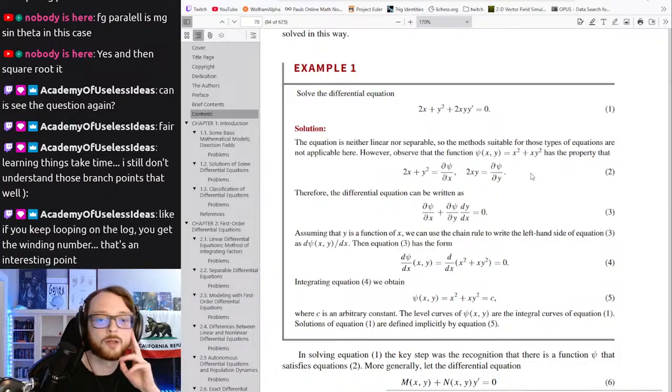The differential equation can be written as d phi dx plus d phi dy dy dx. Okay, yeah, true. The dy dx is just translating that y prime. I thought it came from a chain rule thing.